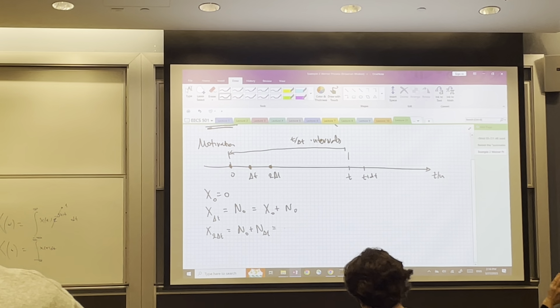At 2 delta t is the sum of n0 and one more. At 3 delta t is the sum of these 3, and so on. Okay? What do you expect this process will look like as time goes by? In terms of its variance, it increases because I'm adding up more and more Gaussian random variables of the same variance.